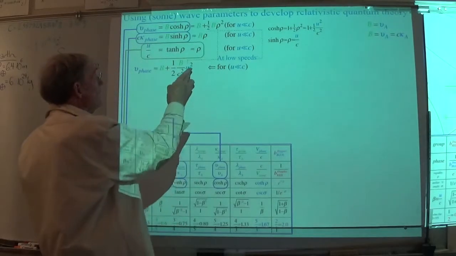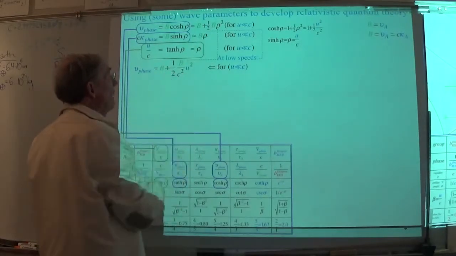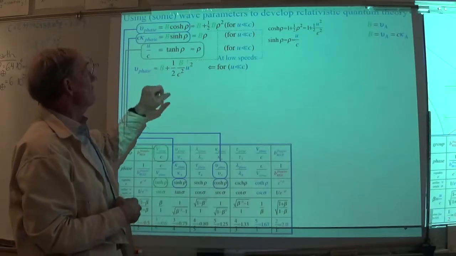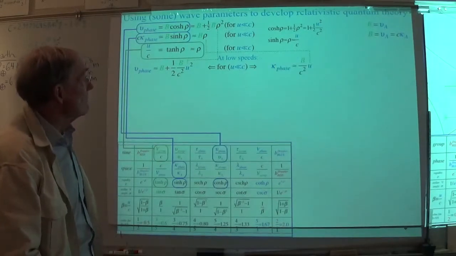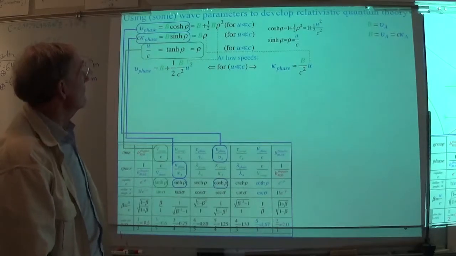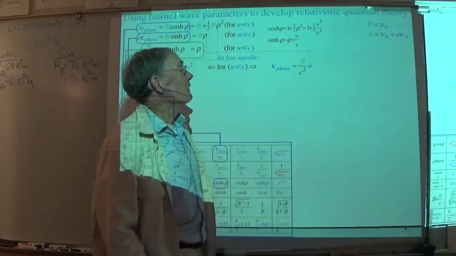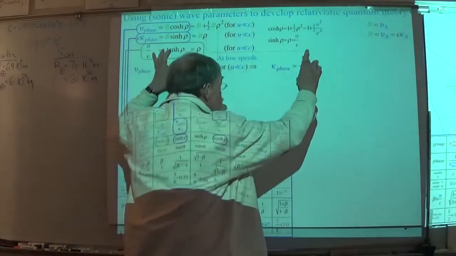Okay, so I get a u squared over c squared, and then the b was already here in a half. So there's a new phase as a constant, same constant times u squared. And while I'm at it, good old k phase is keeping track of me the same way. Two constants that are the same.